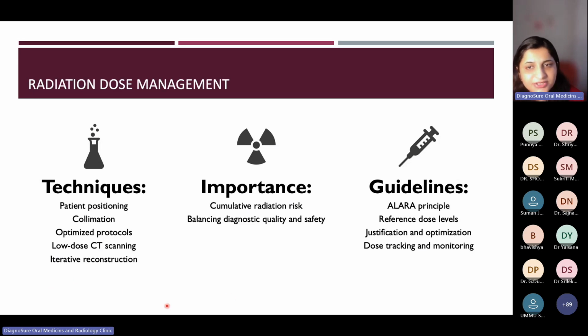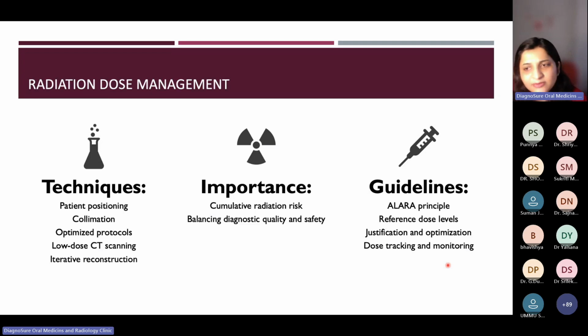Coming to radiation dose management, it is always our goal to minimize exposure while ensuring high quality diagnostic images. Techniques like patient positioning, giving the patient proper instructions, collimation, low dose CT scanning, and higher reconstruction models can reduce the dose and improve the image quality.